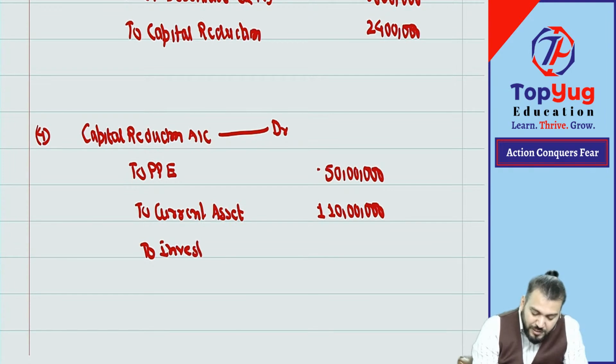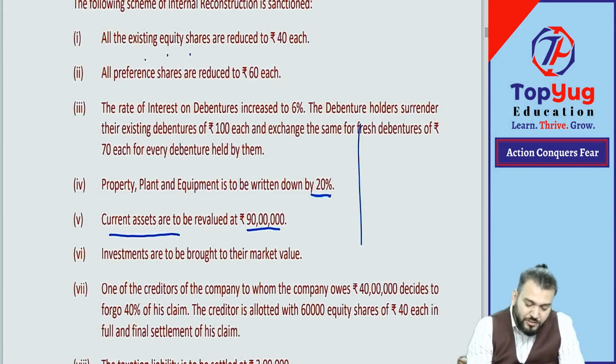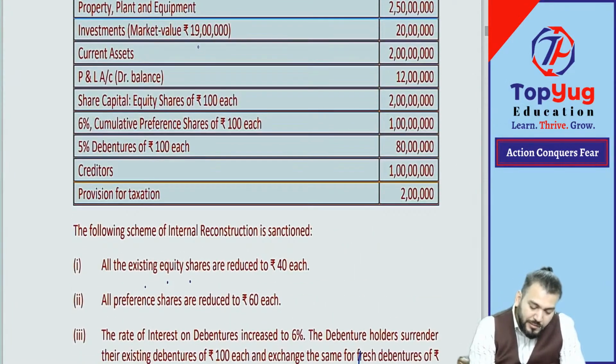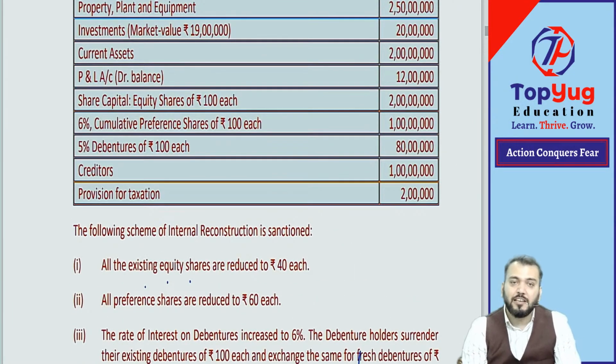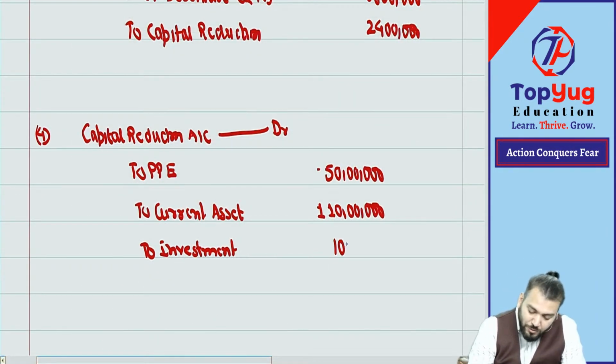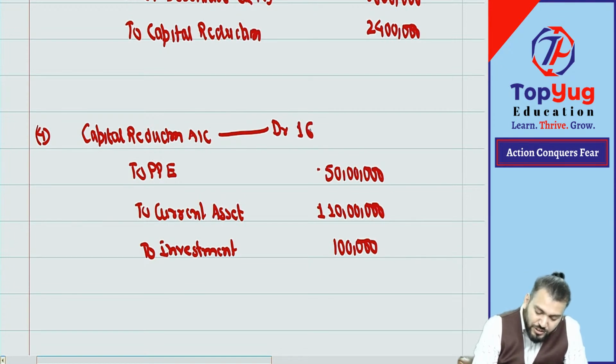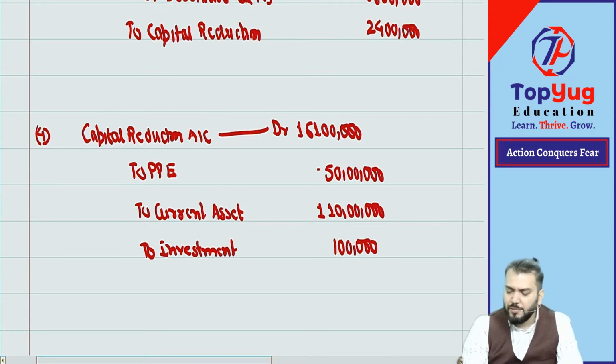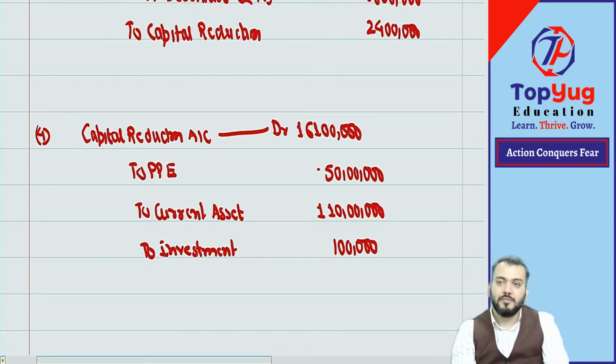Well, investment is reduced to what? Its market value. So let's see what market value is given. It's given 19 lakh and book value is 20 lakh. So 1 lakh reduction. What is the total? It will become 1 crore 61 lakh. You can add: being assets reduced.